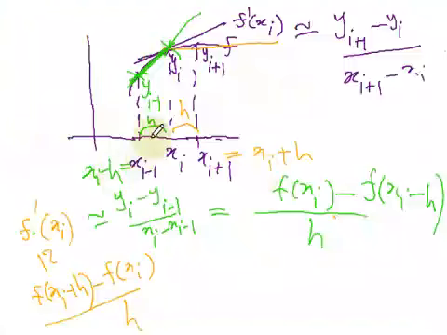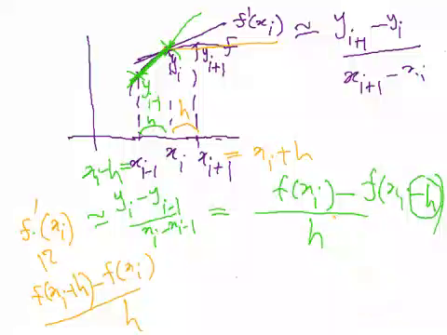Here I consider h to be positive. Then this bit is negative here, and you get the same thing, but this quantity is negative.